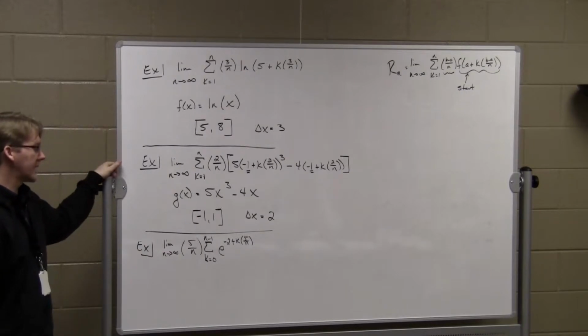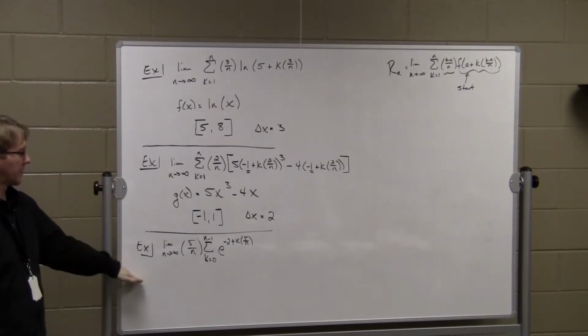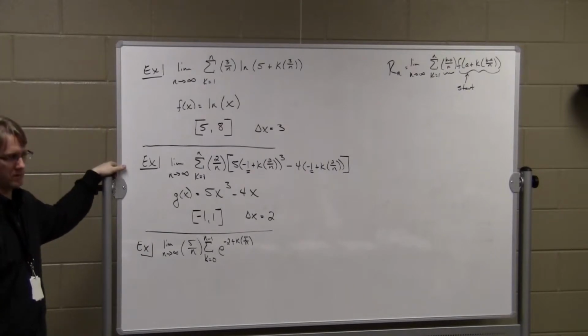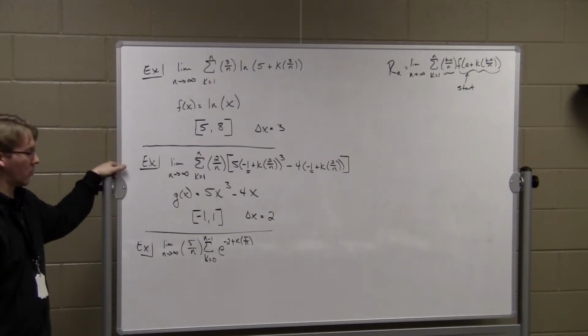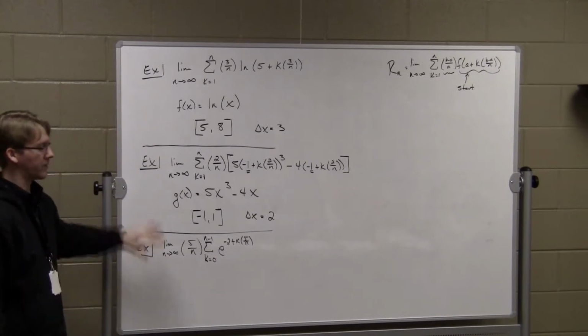There's one teeny tiny difference in this example and the last two examples. Well, there's n minus 1, k equals 0. Good. So, do you know the difference between these two and this one?